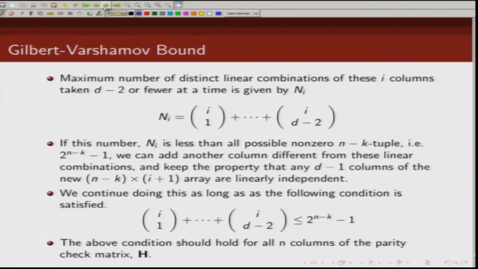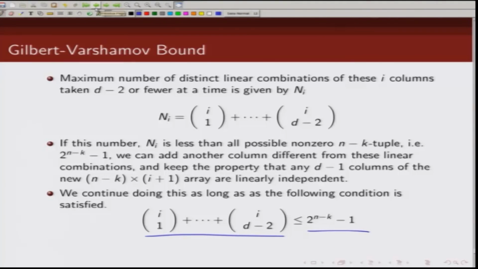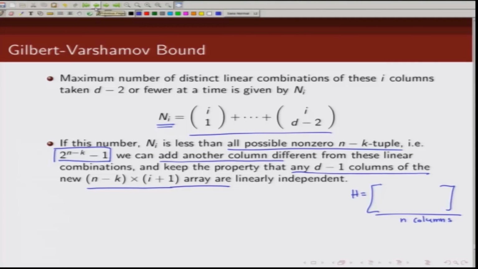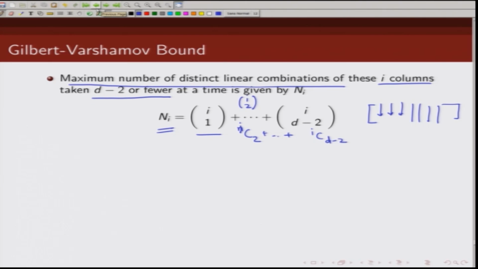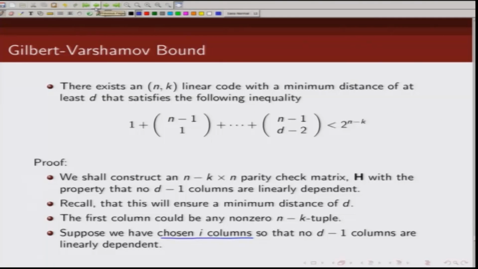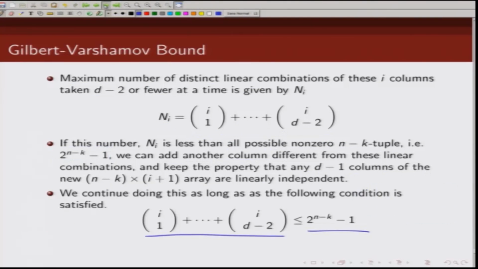Hence, this condition should be satisfied for all the n columns, and that essentially proves our result. If you go back here, if I put i equal to n minus 1, let us just go back here.